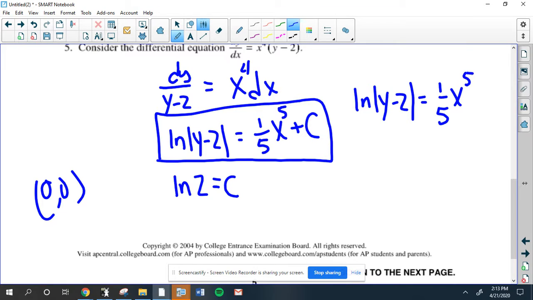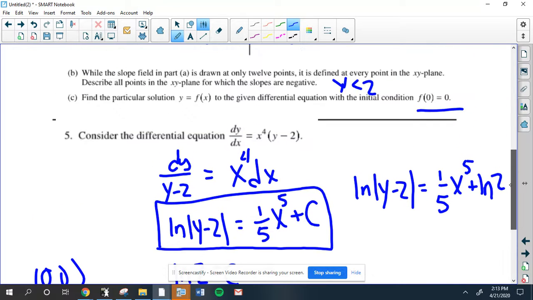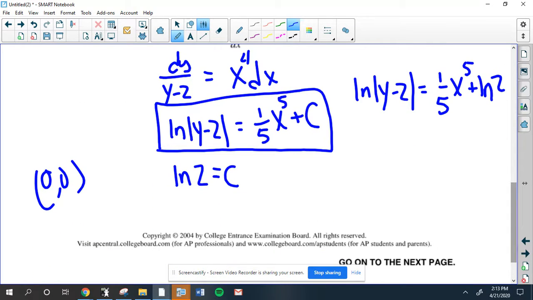And we would be done here except for the fact that in the directions they said it needs to be in the form y equals a function of x. So now we do have to simplify, or solve for y. So we're going to exponentiate both sides.